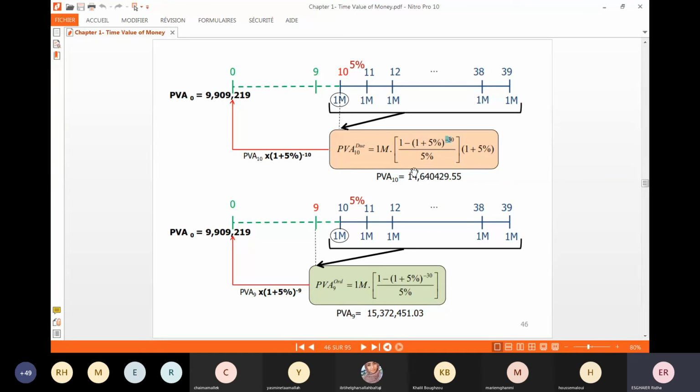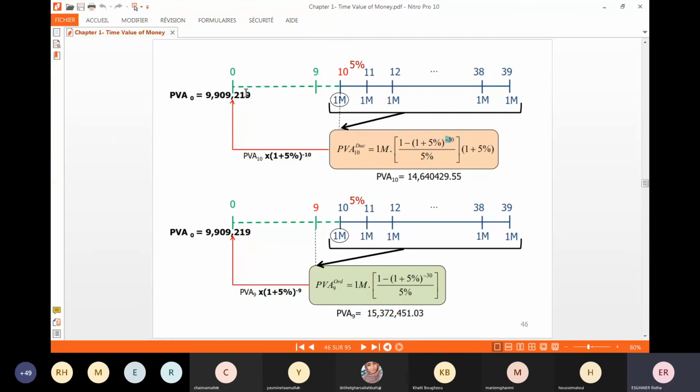These 14 million at the date 10 are worth today 14 million times 1 plus 5% power minus 10. We discount this single amount for 10 additional years. You will get the present value at the date 0.